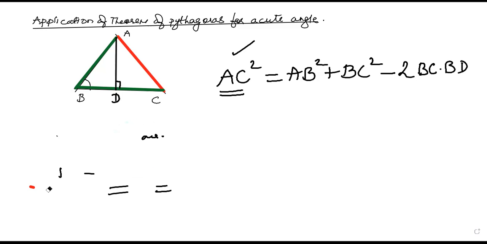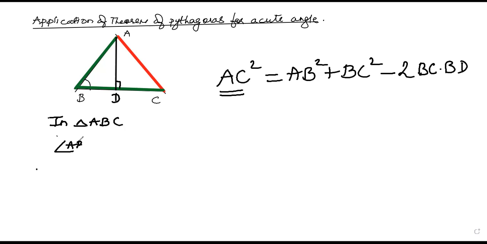Got it? Suppose in triangle ABC, it will come in the form of a question like this in the exam. Got it? In triangle ABC, they'll say angle ABC is less than 90, like acute angle hai.